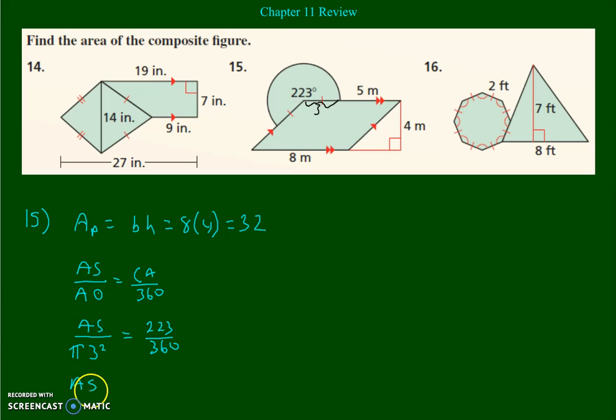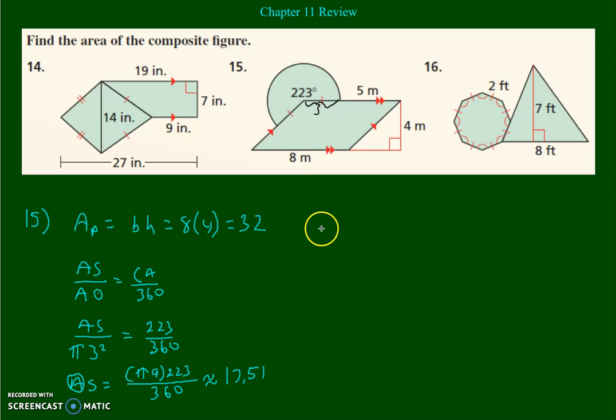So the area of our sector is just pi times 9 times 223 over 360, which gives us approximately 17.51. And I'm going to store that in location A because I have lots of decimals that I want to keep.